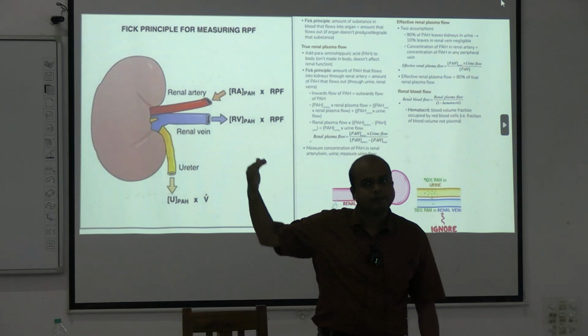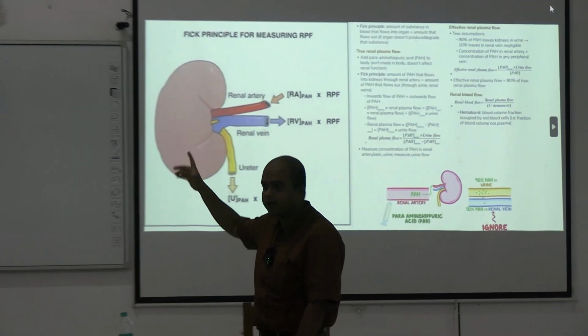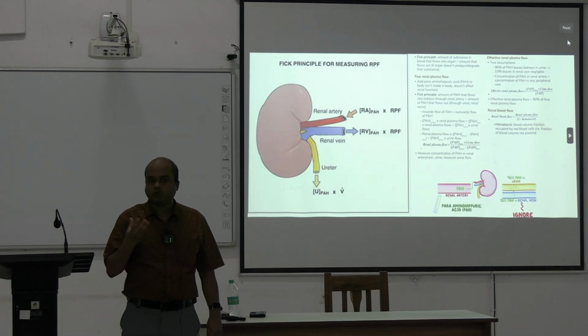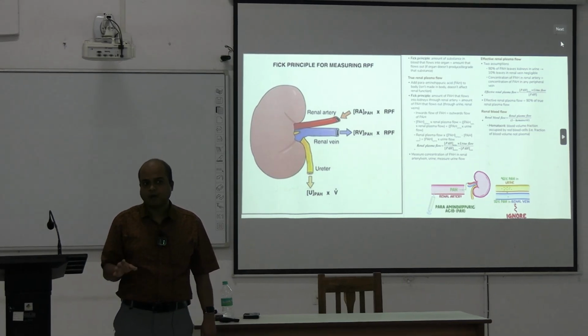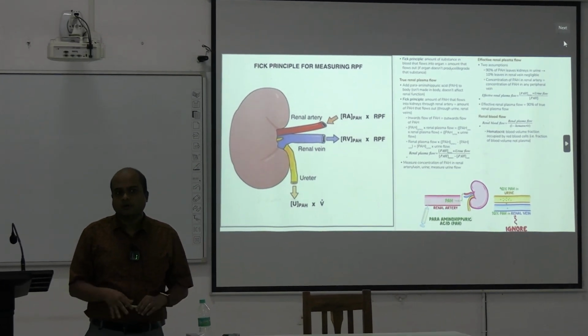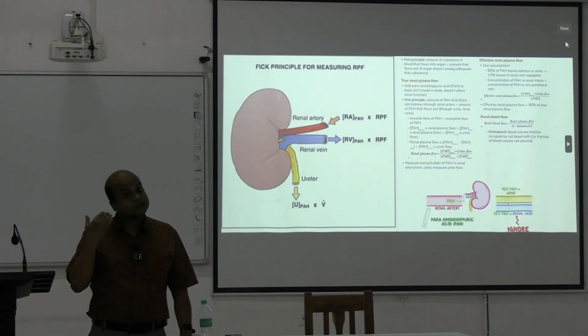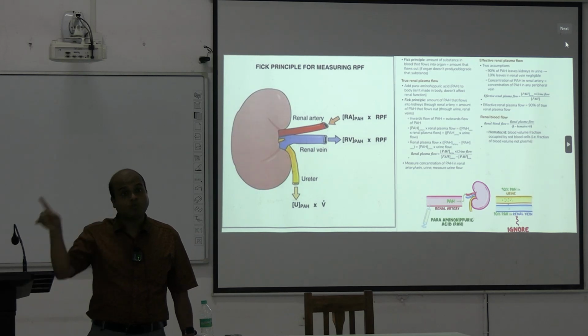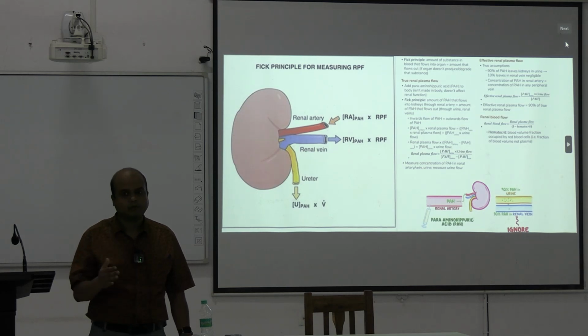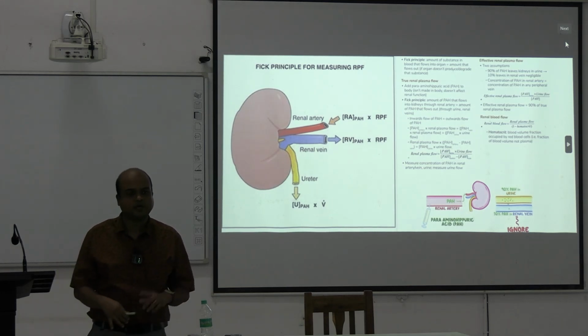Likewise, to estimate renal blood flow, or renal plasma flow, clearance is the amount of plasma. Clearance is not the amount of substance by definition. So if that whole amount of plasma is actually cleared in one single flow through the kidneys, then only can we estimate renal plasma flow on the basis of clearance.